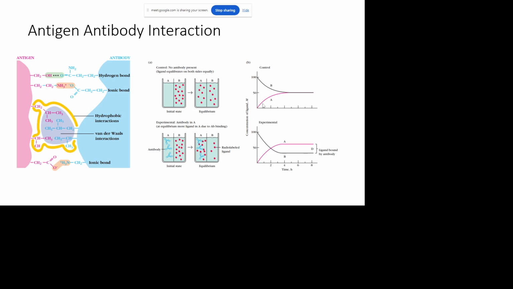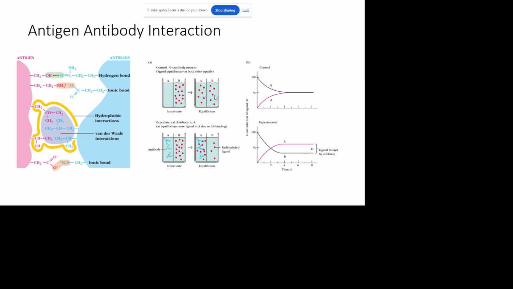But as time goes, compartment A will start being enriched with antigen, and compartment B will lose antigen. So at the point of equilibrium, the concentration of antigen in compartment B will be equal to the concentration of antigen in compartment A. So now we can see that this system has reached its equilibrium because now both compartments A and B have equal concentration of the antigen.